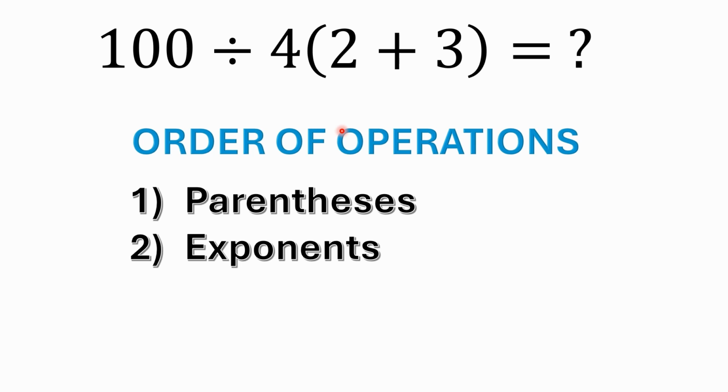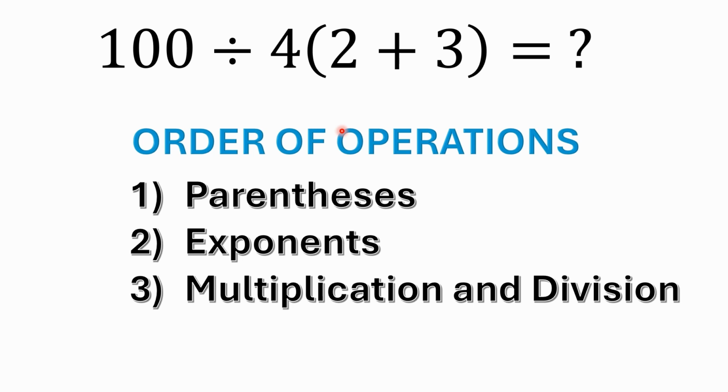And that could be exponents, but it also could be things like square roots or even factorials, if you're familiar with those. That's where they use the exclamation mark after a number. So it could represent that as well. If you look at this problem, we do have parentheses, but we don't have any exponents. So we would skip that step.